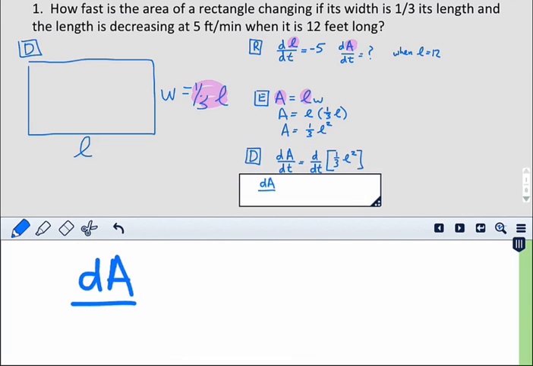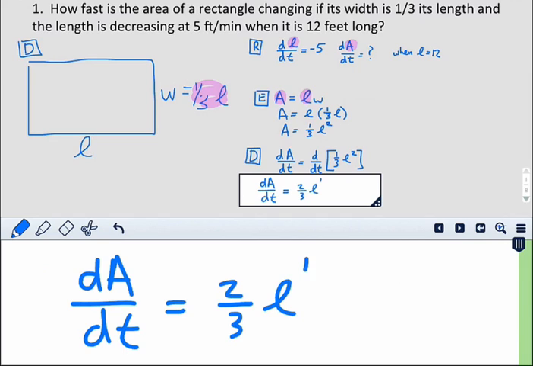And so we already have the derivative with respect to t solved by itself. And so for this derivative, we're going to use the power rule. So it'll actually be 2/3 times L to the first power. But then we need to remember to multiply using the chain rule. So the derivative of L with respect to t is just dL dt.